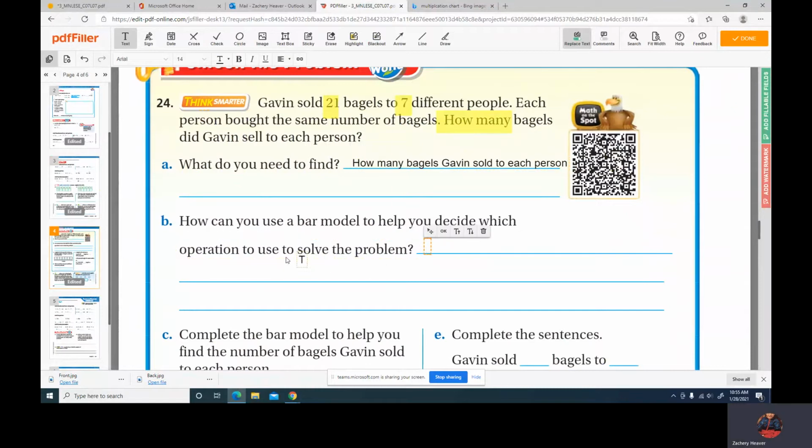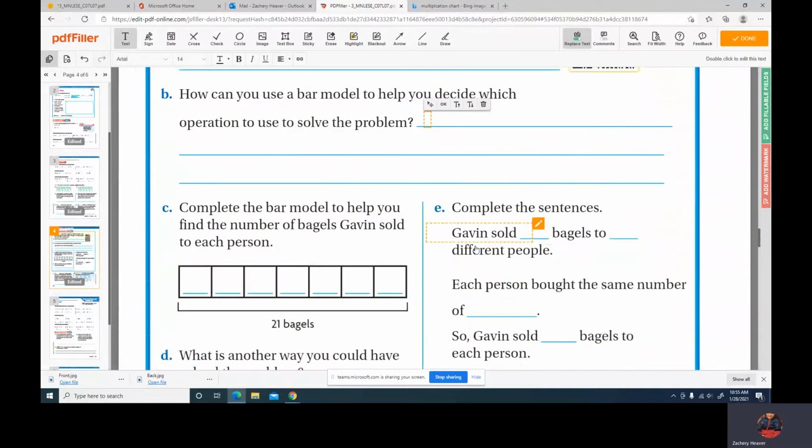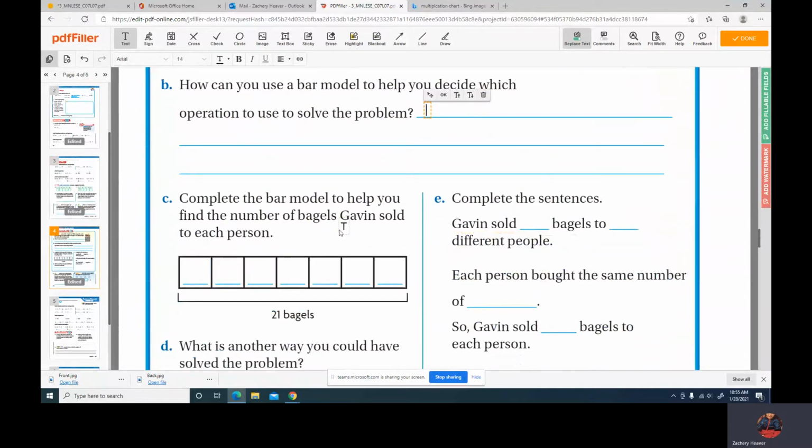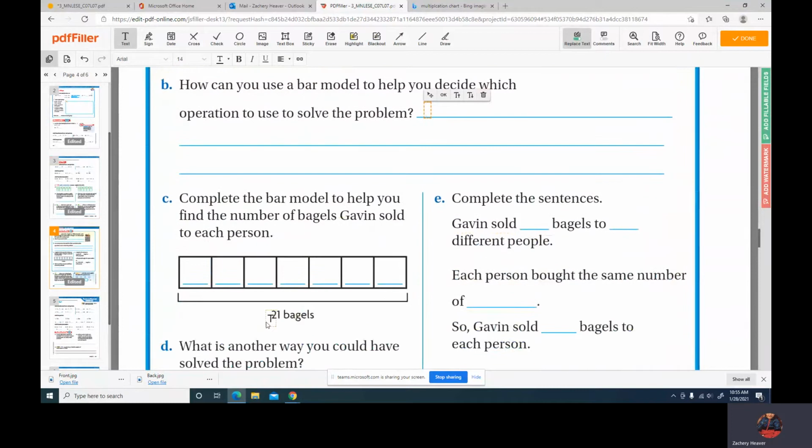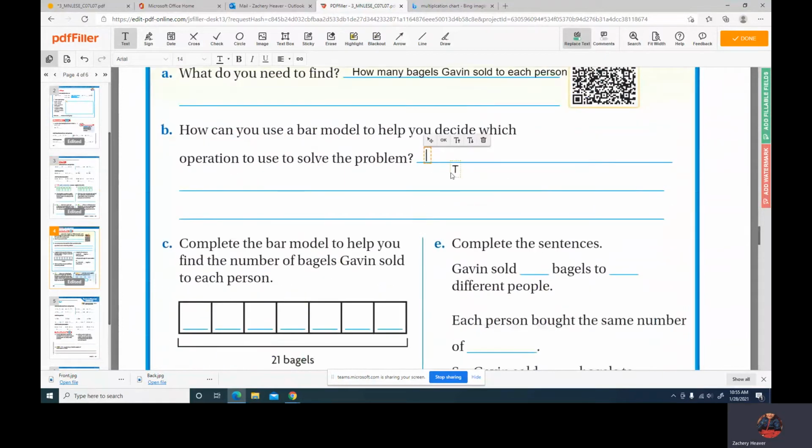It says, how can you use a bar model to help you decide what operation to use to solve? Well, down low, we have a bar model. We know there's 21 bagels total, and we know that there's 7 people. So box 1, box 2, box 3, box 4, 5, 6, and 7. So we can use a bar model. Let me scroll up so you can copy.